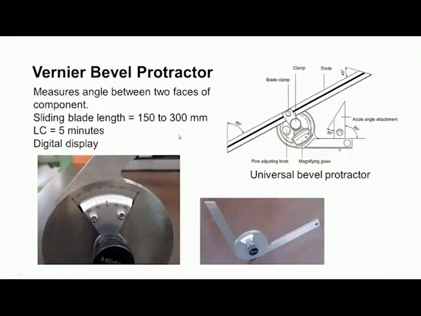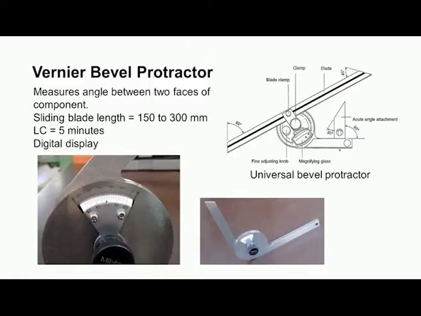Another normally used instrument for measurement of angle is the vernier bevel protractor. In the previous case, we saw a simple protractor wherein there was no vernier, but here we have a vernier. This is the rotary scale which reads 0 to 360 degree. The least count of this rotary scale is 1 degree, and then we have a vernier.